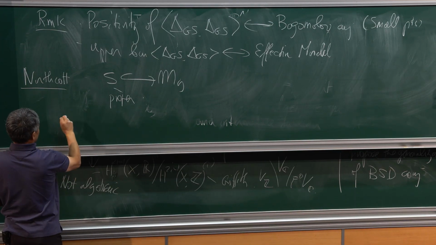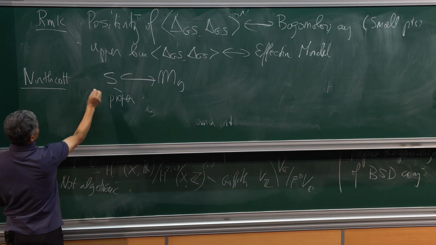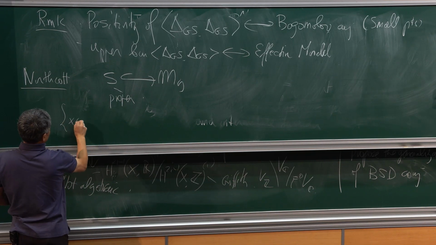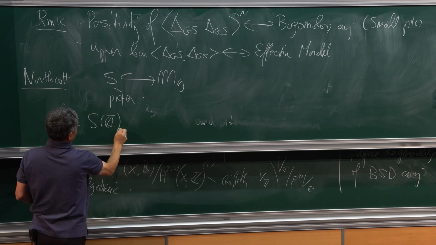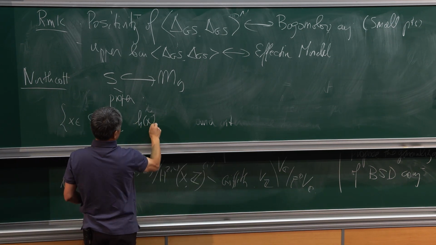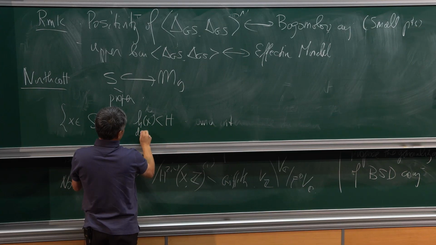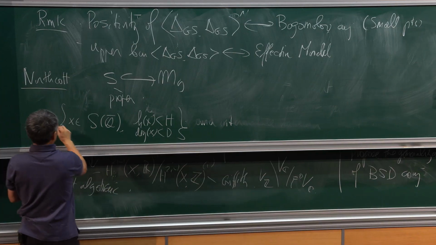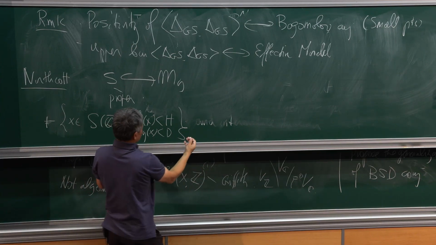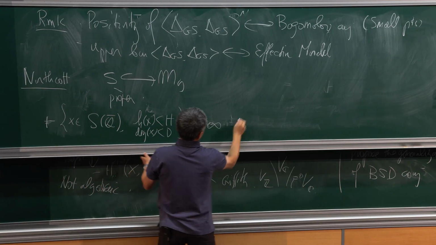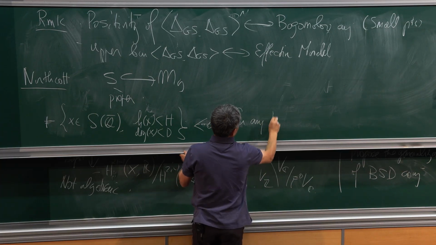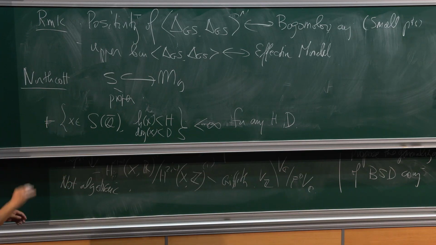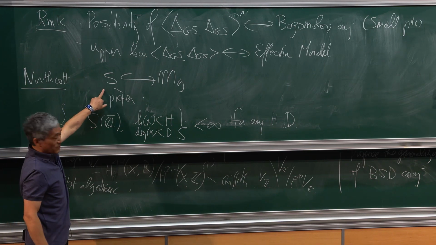Then we can show that we have the Northcott property for proper variety: the set of X inside X Q bar with height of X less than H and degree of X less than D is finite for any H and D. Just from this inequality, you will get that. But you need to require that S is a proper subvariety.